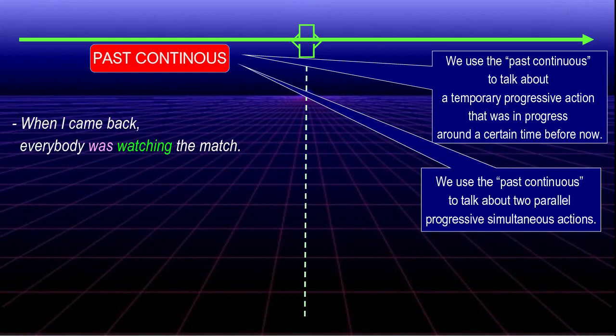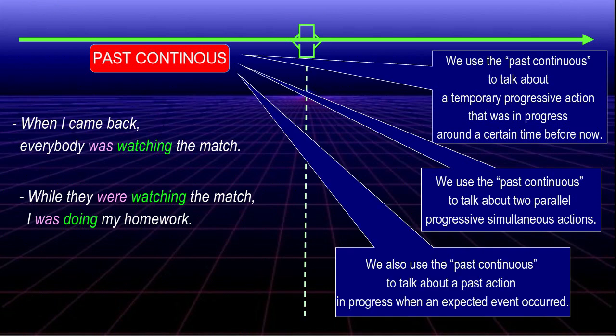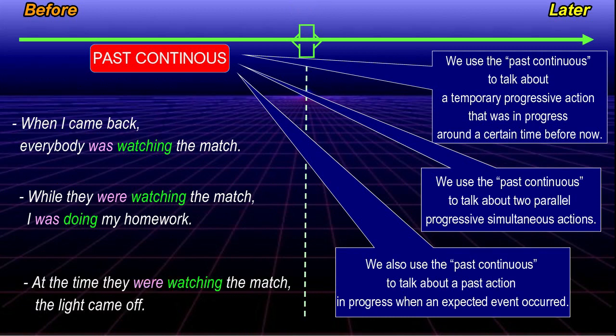We use the past continuous to talk about 2 parallel progressive simultaneous actions. While they were watching the match, I was doing my homework. We also use the past continuous to talk about a past action in progress when an unexpected event occurred. At the time they were watching the match, the light came off.